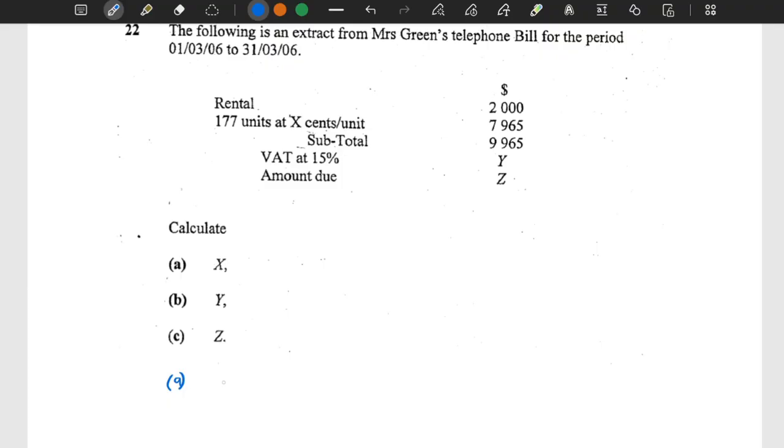So we know that 177 units are quoted to cost $7,965. What about 1 unit? That's going to be less, right?